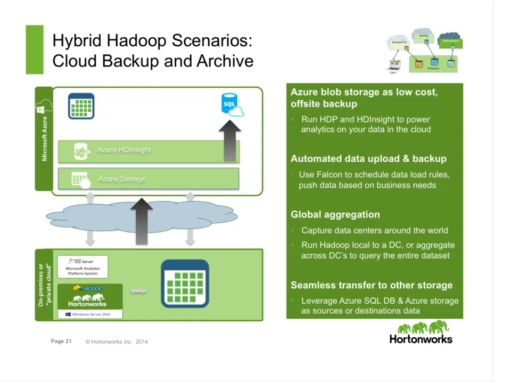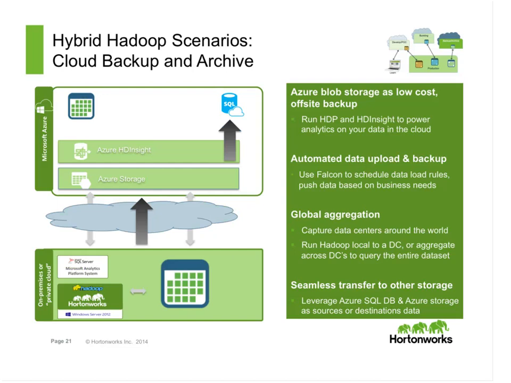So let's talk about backup and archive, specifically to the cloud. You could think about the Azure Blob Storage really as a kind of an offsite backup, where you've got one or more of your on-premises clusters, and they are automatically sending the relevant set of tables or data sets off to Azure Blob Storage.